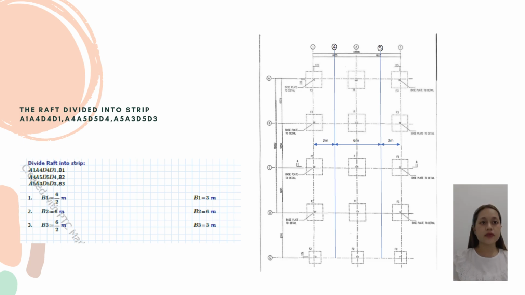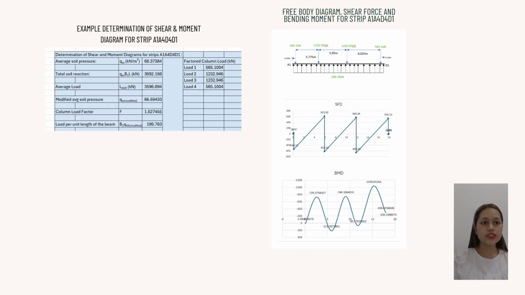Next, after the soil pressure is determined, the raft is divided into strips, such as strip A1 A4 D4 D1, strip A4 A5 D5 D4, and strip A5 A3 D5 D3. We can see this in this slide. Then, for each strip, the average soil pressure, average load, modified average soil pressure, and the column load modified factor are calculated.